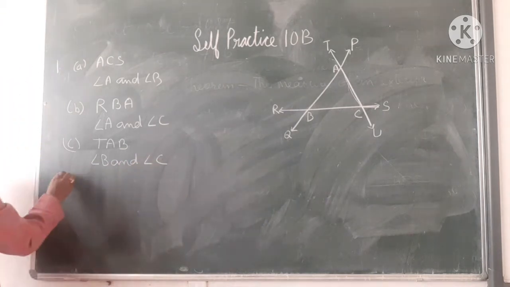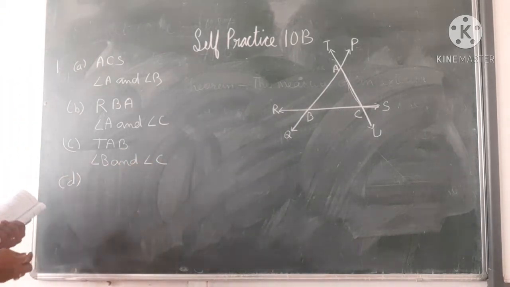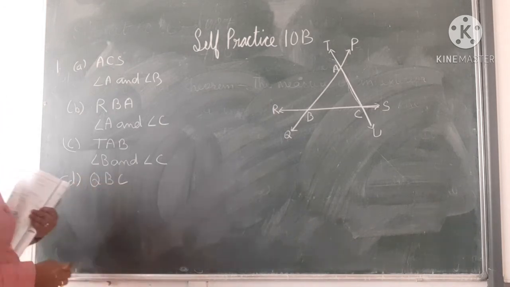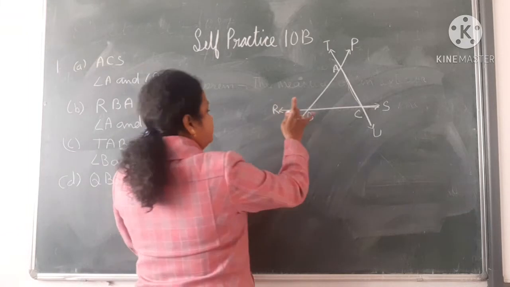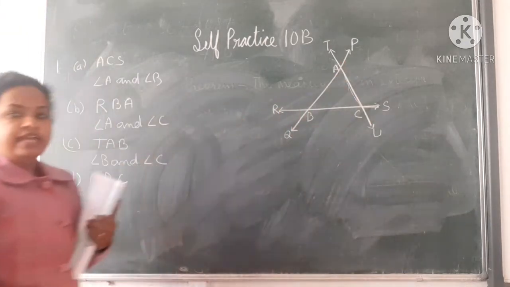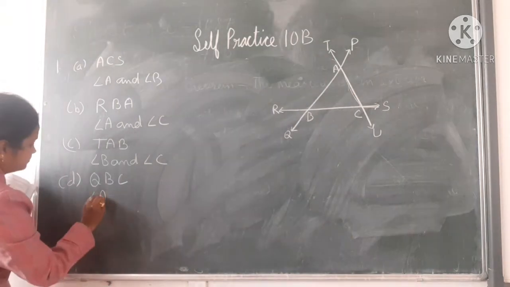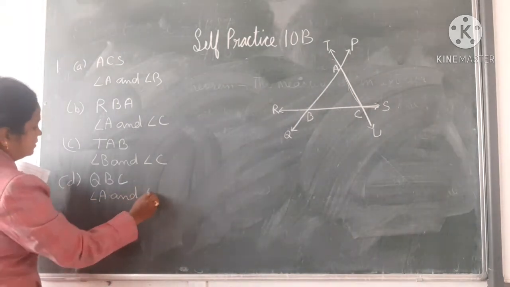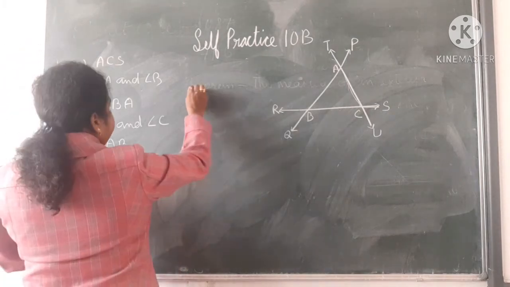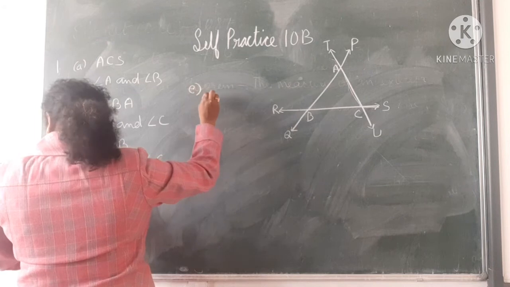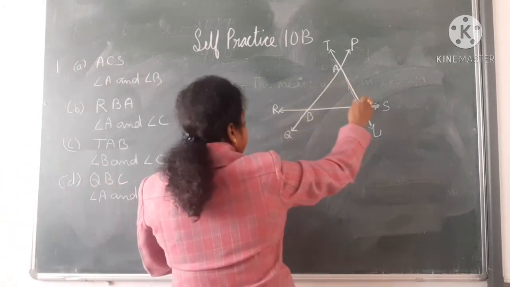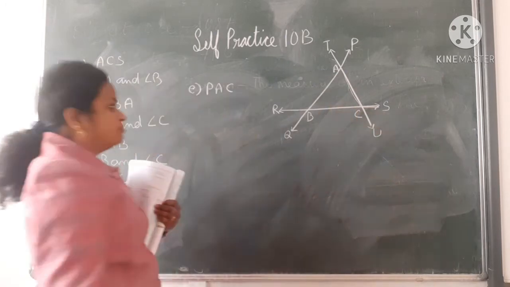Now see D part, QBC. Which are opposite? Angle A and angle C. Now E part, PAC. Which are the opposite angles to PAC?